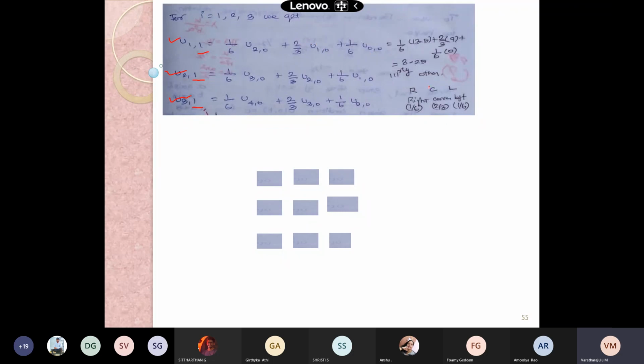We are concentrating at 1 comma 1. For the center u, the coefficient would be 2 by 3. For the left side u, the coefficient would be 1 by 6. For the right side u, the coefficient would be 1 by 6. This is the essential information.